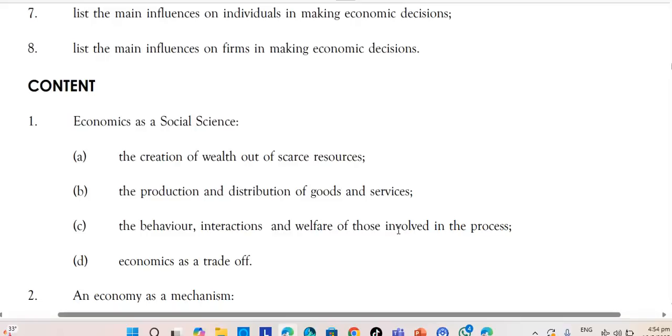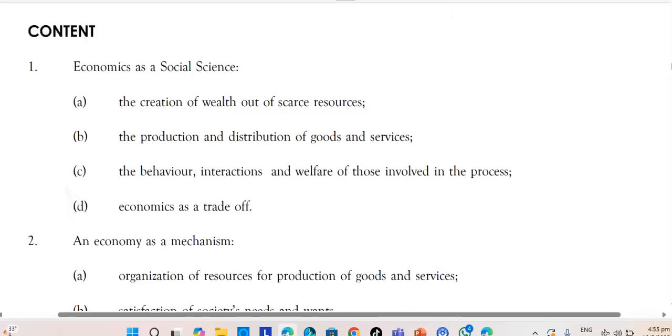When we talk about individuals and groups, we are referring to consumers, workers, firms, government. It also examines interaction in markets, such as buying, selling, trading, and competing. It considers how these activities affect welfare, well-being, income, employment, and quality of life.